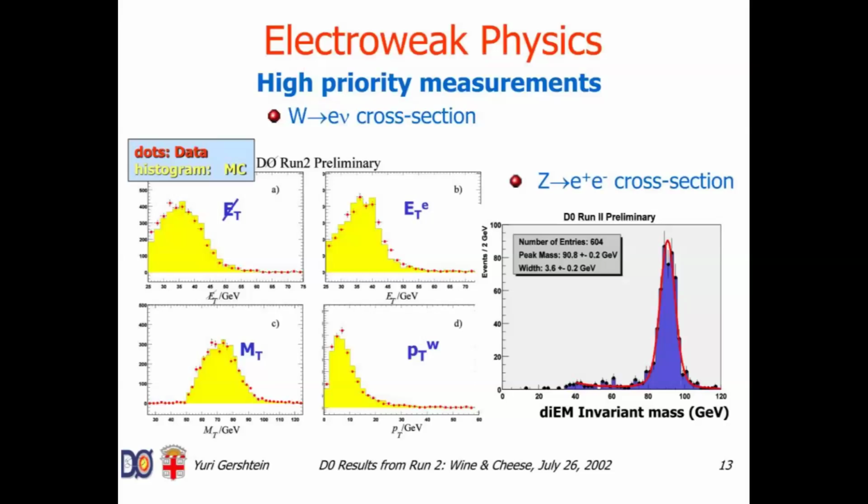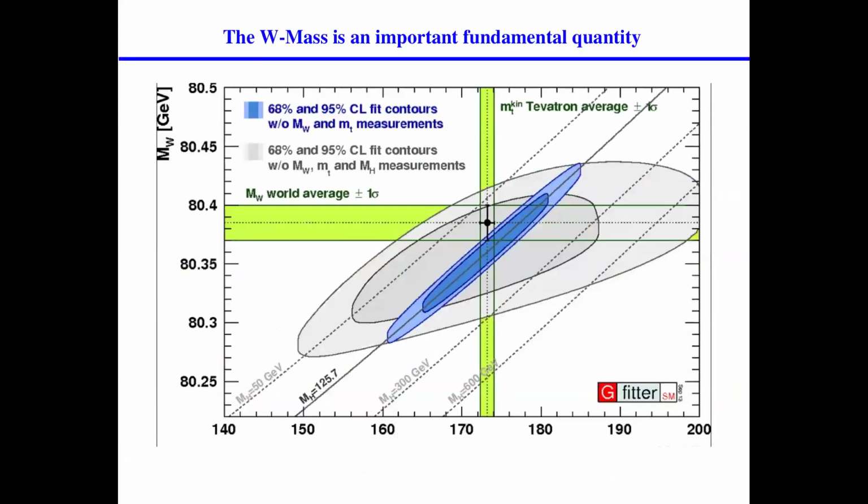So here are just a few older slides from D0 showing, for example, missing ET, the transverse mass, the PTW, and you see that's from a while ago. And again, this is the updated fit with the Gfitter. So all these things come together, and if all there is is the standard model, it should somehow center on the standard model point.